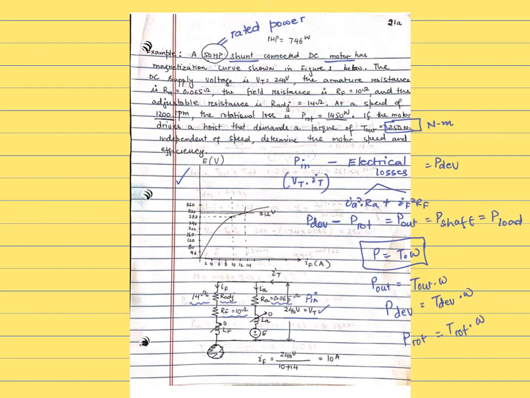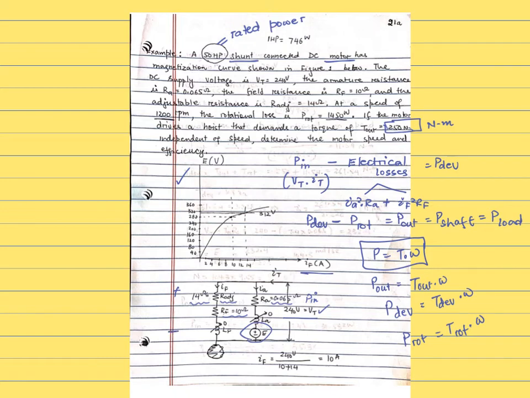Now we're going to start looking at what E is in this case. What is the induced voltage, or the internally generated voltage? To calculate E, we're going to make use of this graph. To use this graph, we need to calculate IF. To calculate IF, we will use Ohm's law.